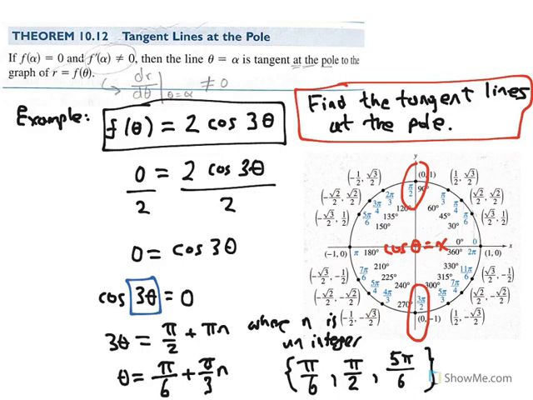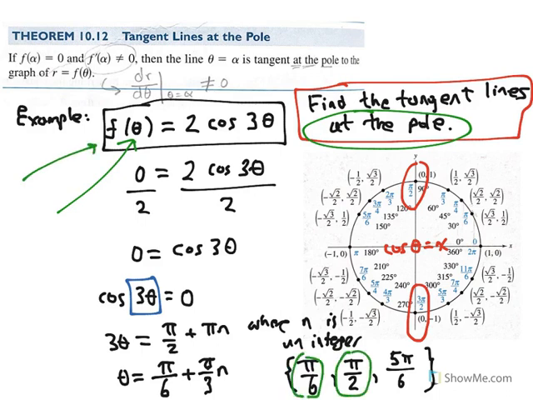So when you have the instructions, find the tangent lines at the pole, you need to first find the values of theta that will give you points at the pole for your polar curve. And these are the values of theta that will give us points at the pole. And once you have that, it's really easy using Theorem 10.12.